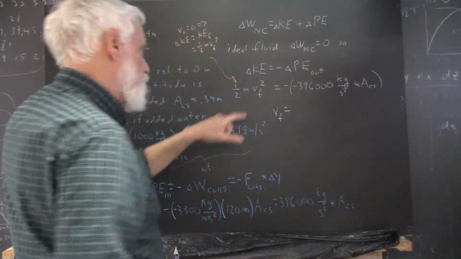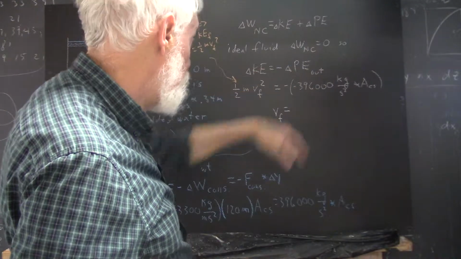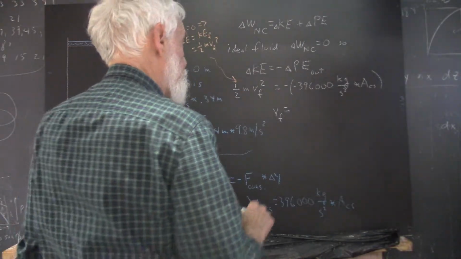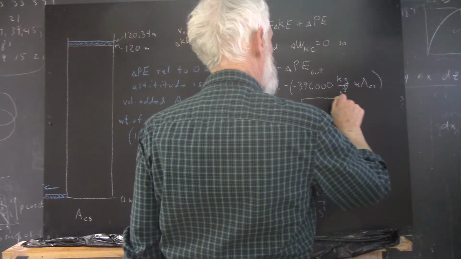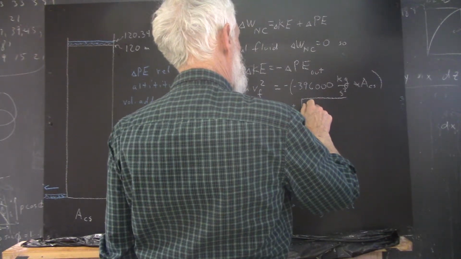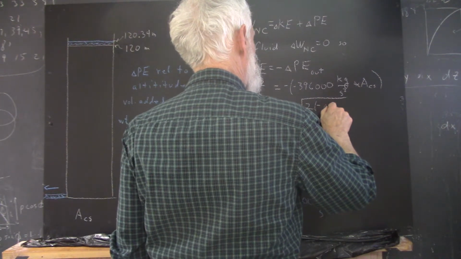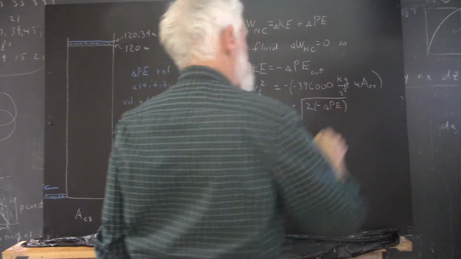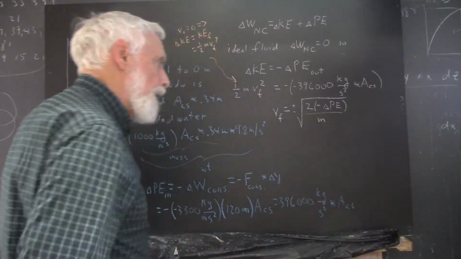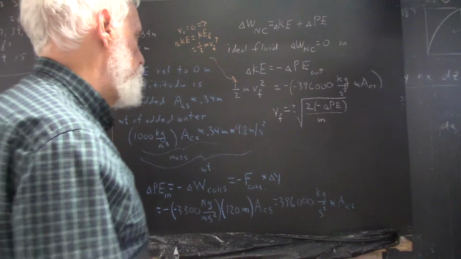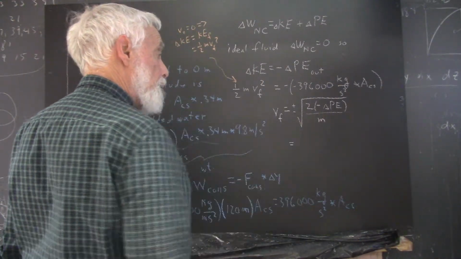We're just going to say that since 1/2 mVf squared is a change in kinetic energy, and that's equal to the negative of the potential energy out, I'm going to say that Vf is plus or minus the square root of 2 times our negative change in potential energy divided by the mass. Just doing the algebra to solve this equation.